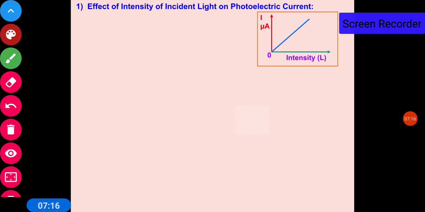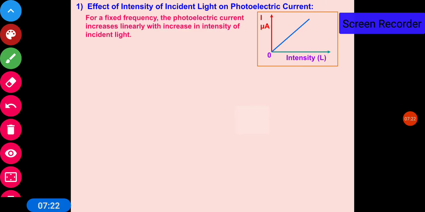That means the photoelectric current is directly proportional to the intensity of light. So, for a fixed frequency, the photoelectric current increases linearly with increase in intensity of incident light. This was observed during the experiment.